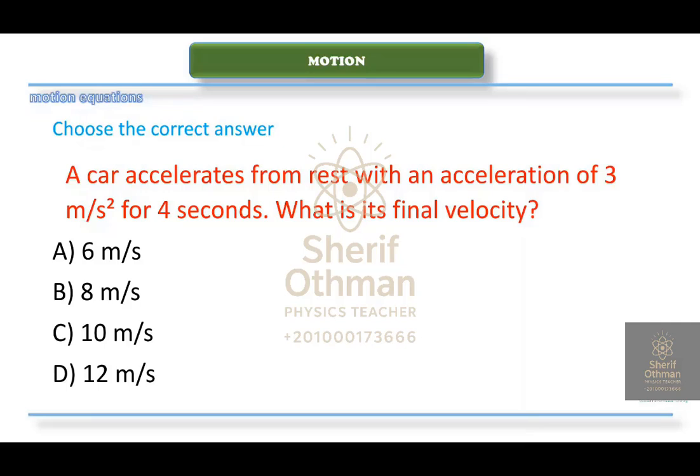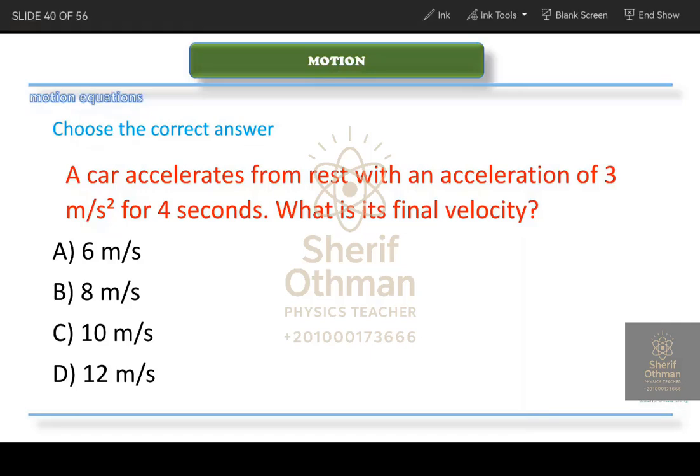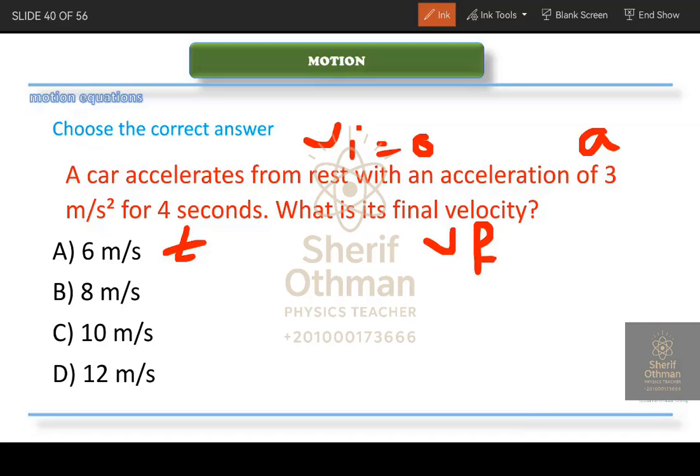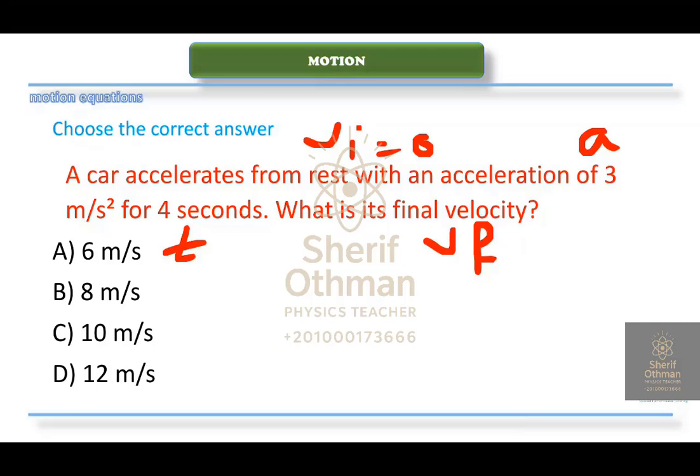A car accelerates from rest with an acceleration of 3 meters per second squared, and started from rest. That means v initial is equal to 0. And the time is 4 seconds. What is the final velocity? Which term is absent? Well done. He didn't mention displacement in any way, as a given or required part.